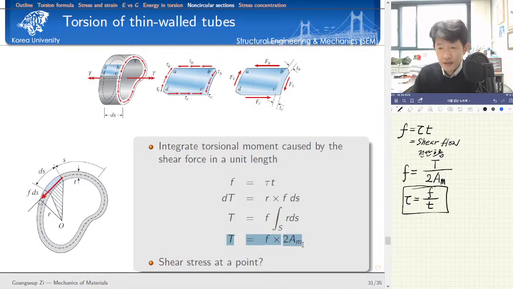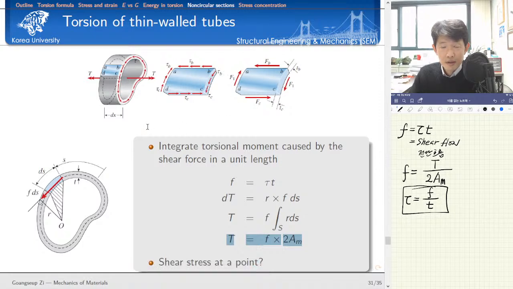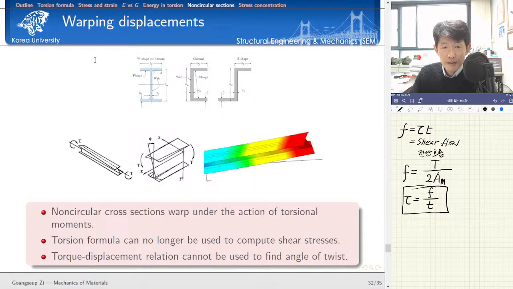It's very easy, right? Do you have any questions regarding this discussion? Once again, please make sure that this discussion is valid only in a condition where we have diaphragms to prevent development of warping displacement. This is really important.